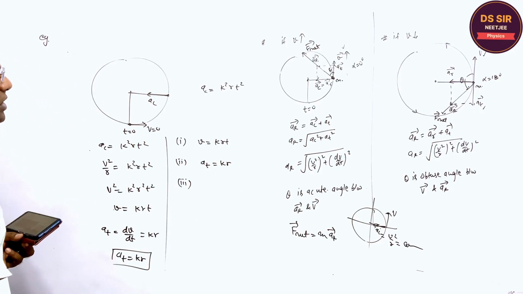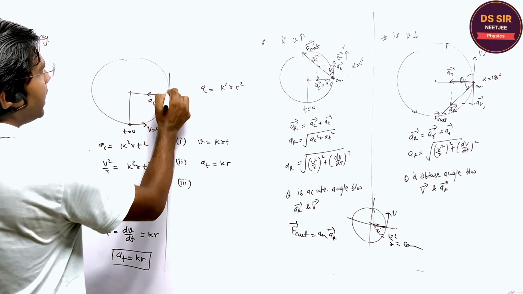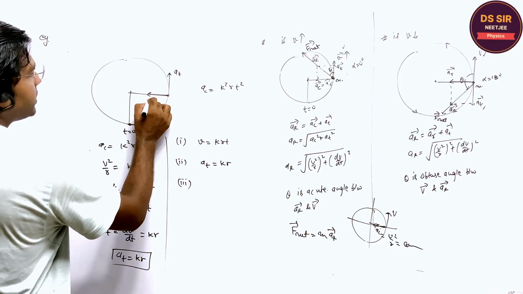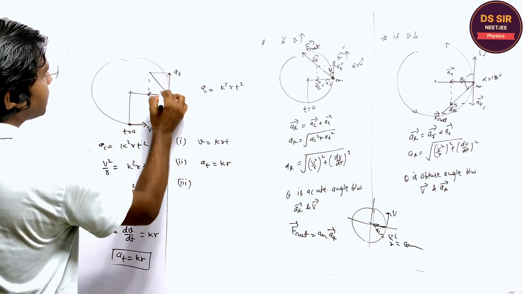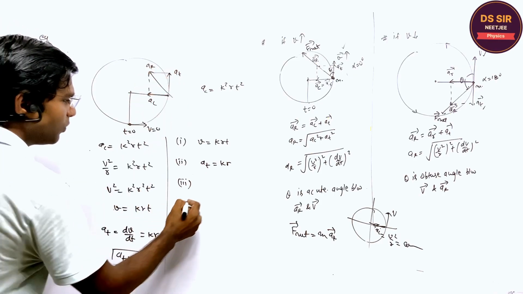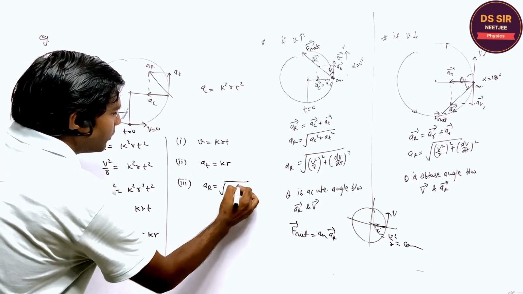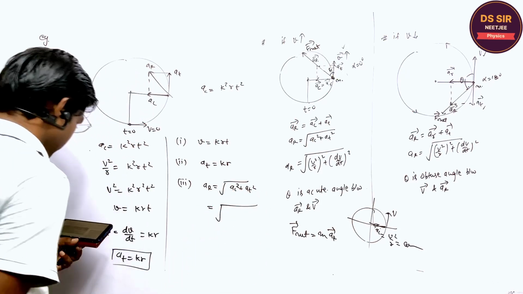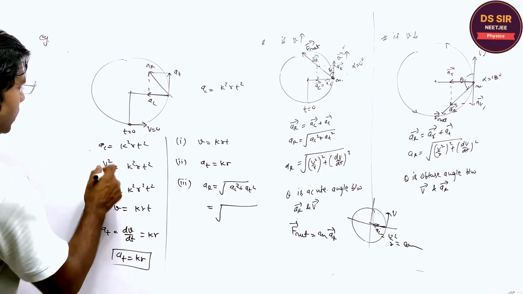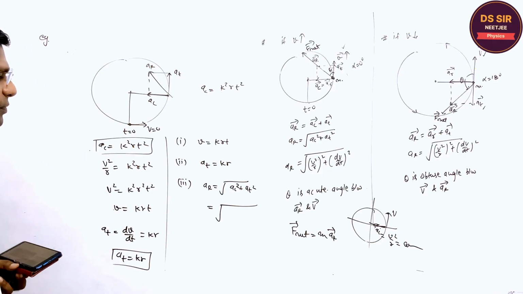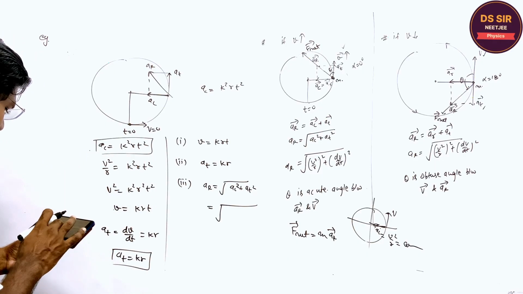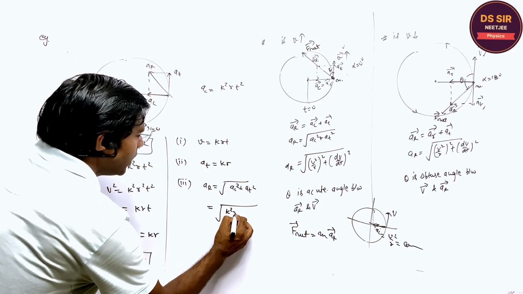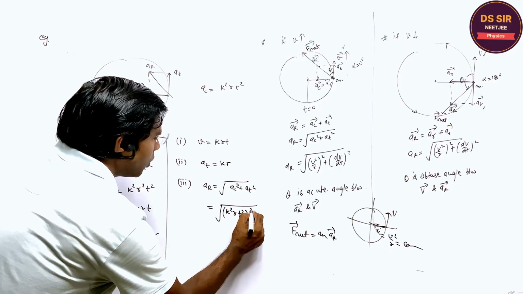Third, the resultant acceleration, when it reaches this point, will have the tangential acceleration and the centripetal acceleration. So what will be the resultant acceleration? It will be root of AC square plus AT square, right? So what is the AC? As a function of time t, we have to find this quantity: AC is equal to k square r t square, whole square.